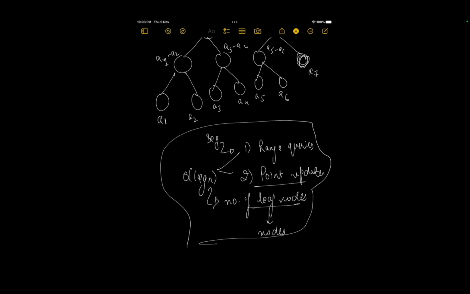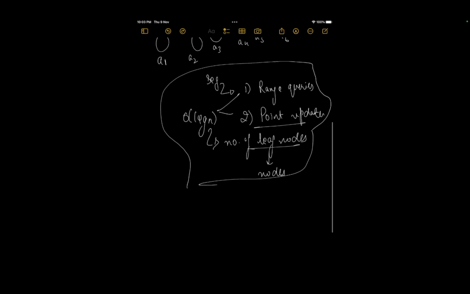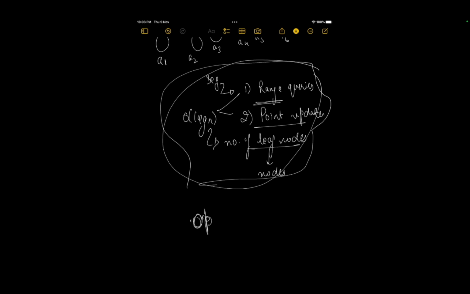Cool. So now, what's the benefit of having a lazy segment tree? The only demerit you see over here is that you can have range queries. So you can say, I want the sum, XOR, maximum or minimum for the range L comma R. So we can just say, give me a value that applies the operation on the range L to R, right?